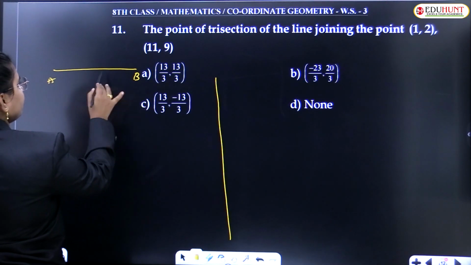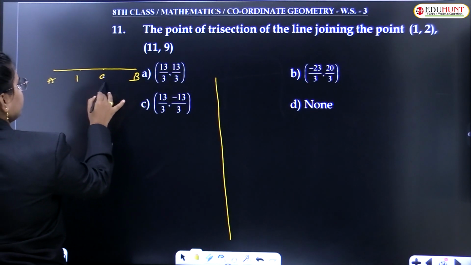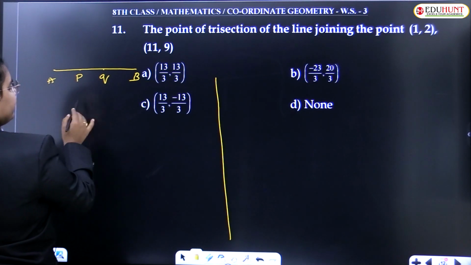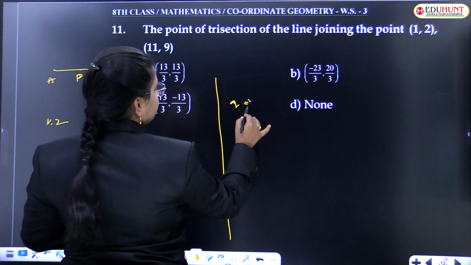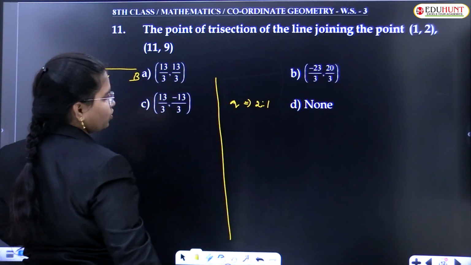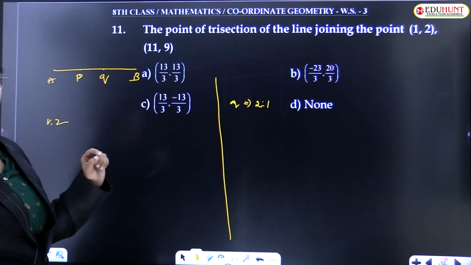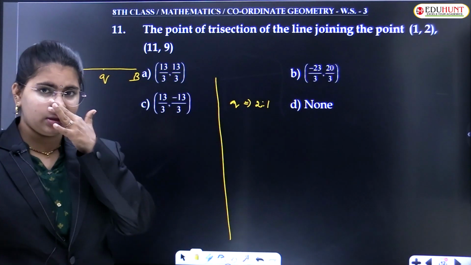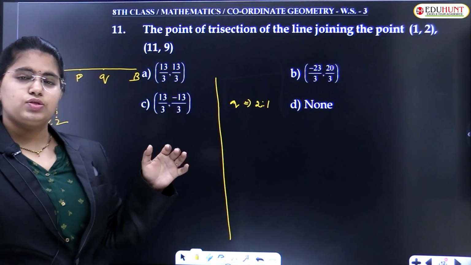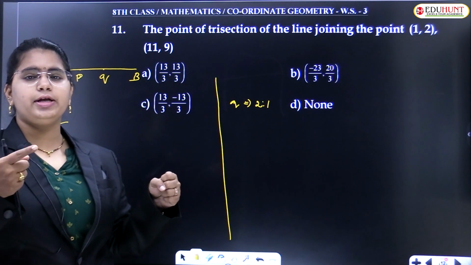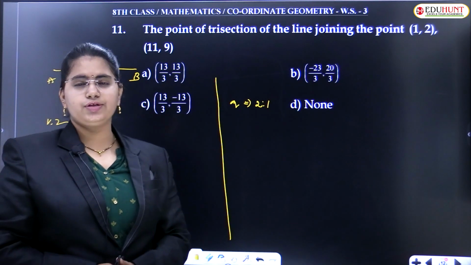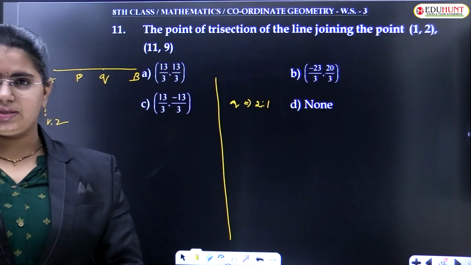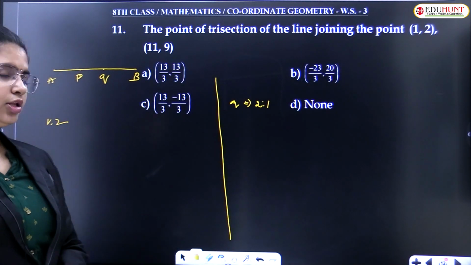A, B, I have to take any 2 points here, P, Q. P divides in 1:2 ratio, whereas Q divides the line segment AB in 2:1 ratio. How this story is formed, I have already explained in the previous question, right? If you take 1 point, it will be taking 1:2 or 2:1. That will be the ratio of points of trisection. Clear? So let me solve the problem.